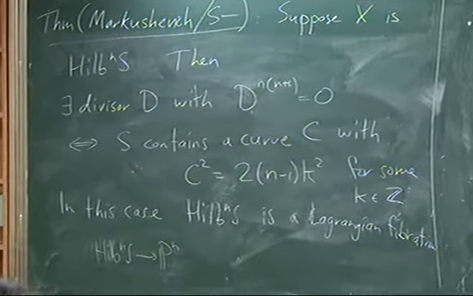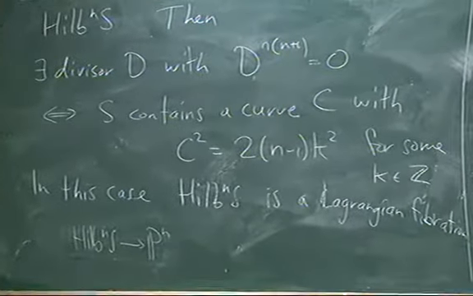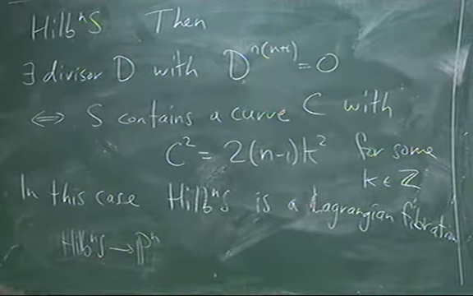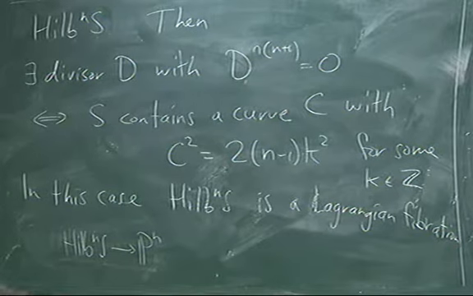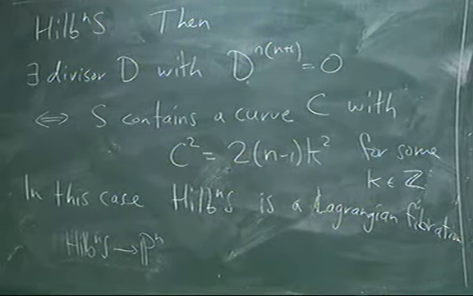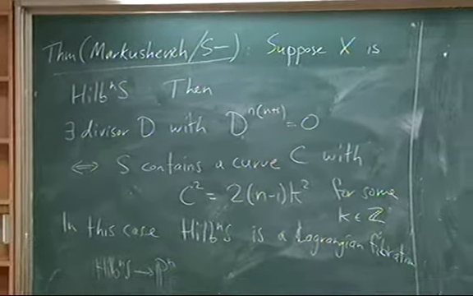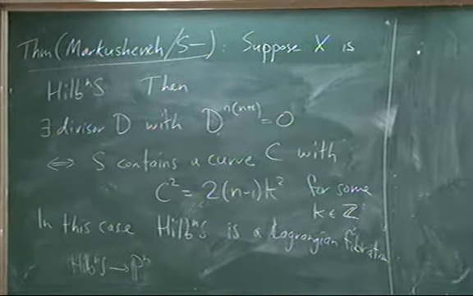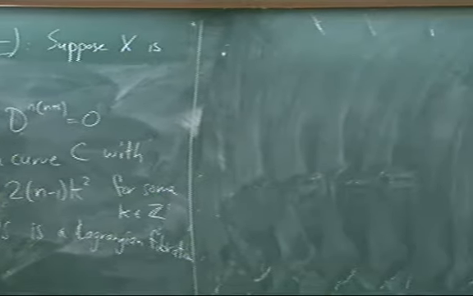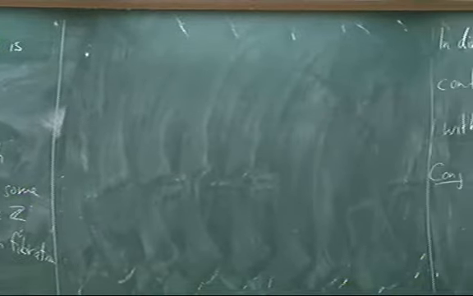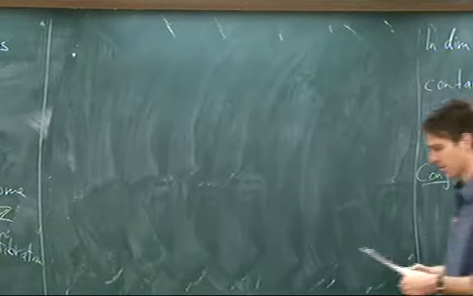This would be very, very useful to know, because if you just take some arbitrary holomorphic symplectic manifold that you don't know anything about, it would tell you when you have a fibration on it. You could always deform it slightly to get a divisor like this, and then you would have all this additional structure of the fibration, and you could use that to study the geometry of X.